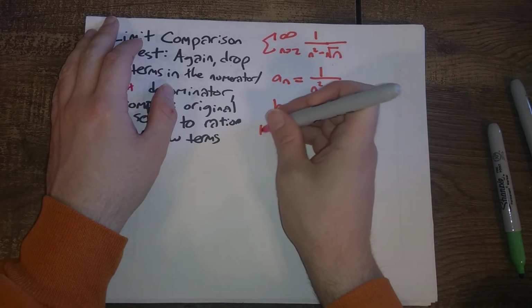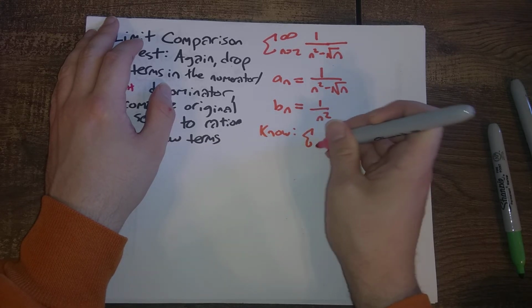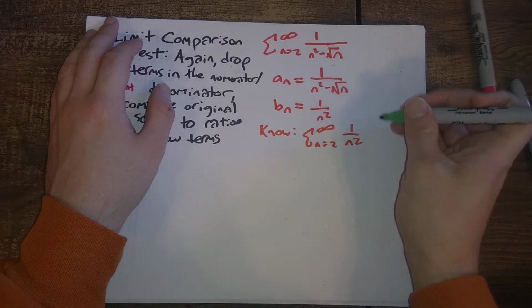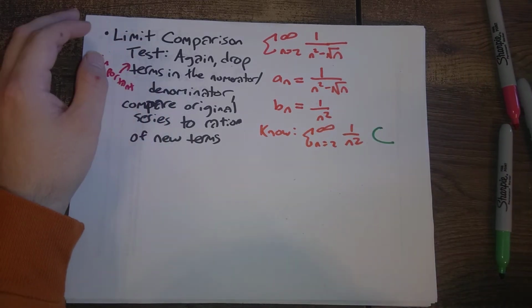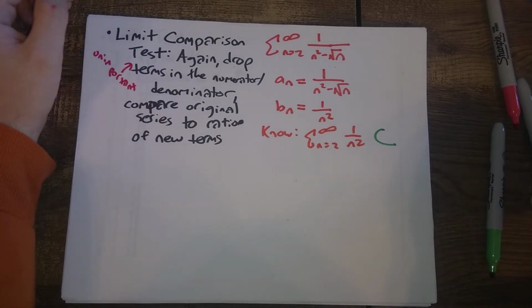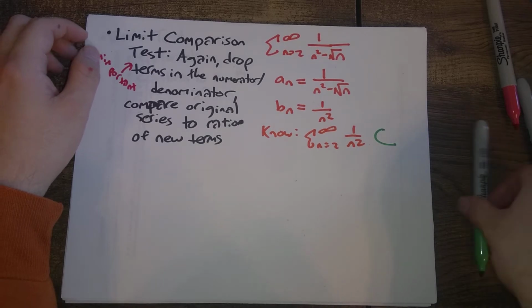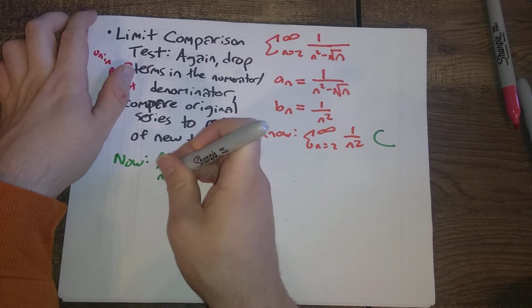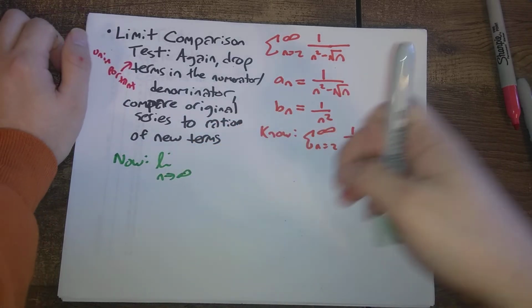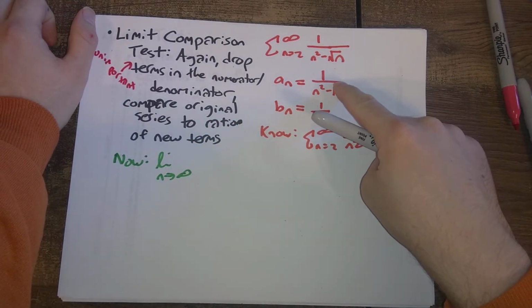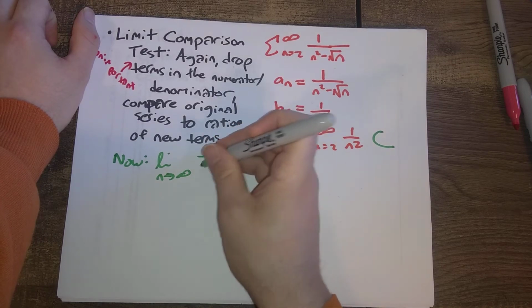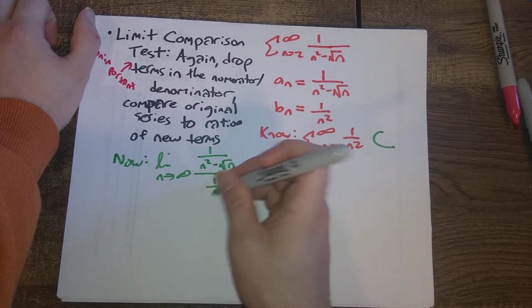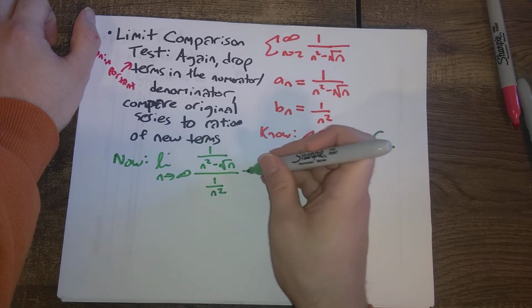And why do we care about this? The sum of the b sub n's converges. We saw that in the previous slide. And so the calculation we have to do now is the limit as n goes to infinity of the ratio of a sub n to b sub n: 1 over n squared minus square root n, over 1 over n squared.